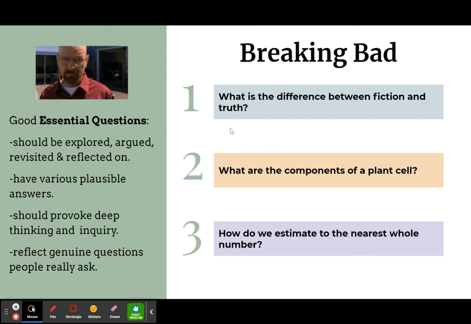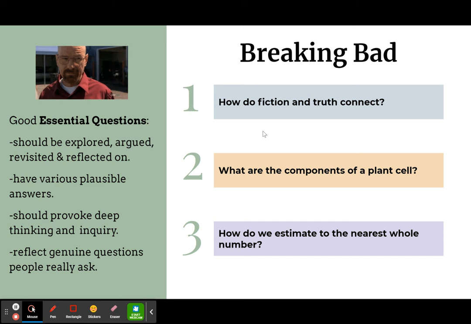So our first question in blue is, what is the difference between fiction and truth? Somebody could just say, well, fiction is something that is created by a person that is not necessarily true, and truth is real. So it might not really have various plausible answers. So I rephrased it like this.